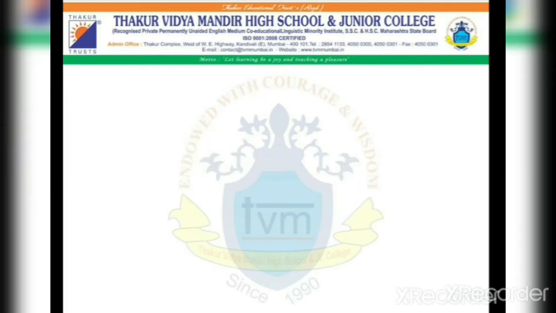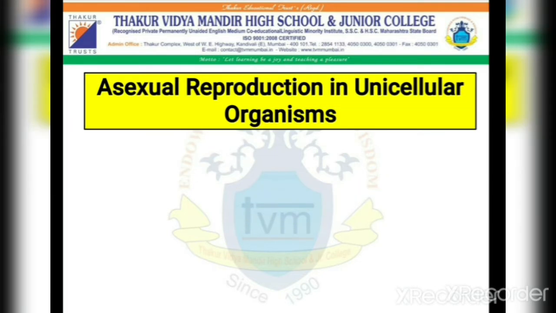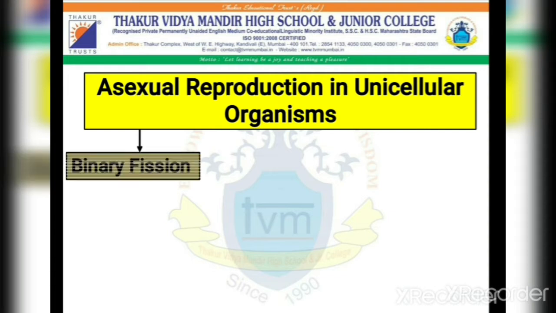Starting with asexual reproduction in unicellular organisms. This reproduction is carried out in three ways. The first one is called binary fission.